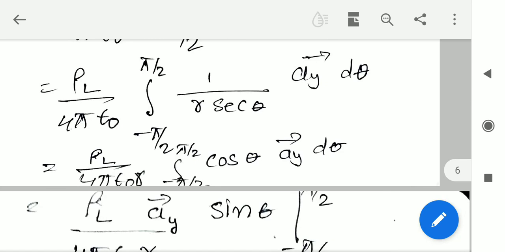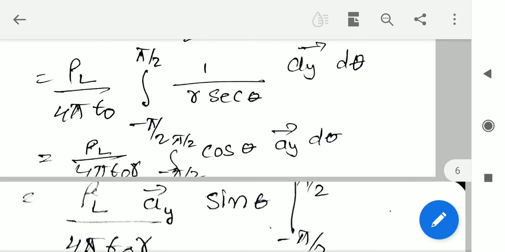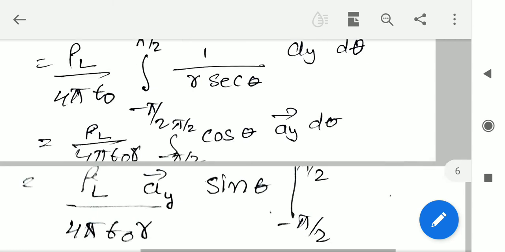1 by secant theta is nothing but cos theta, and this r is also a constant because d theta is the only variable here. R I can take outside, and it becomes integration of cos theta, which you know is sin theta, with the limit minus pi by 2 to plus pi by 2.